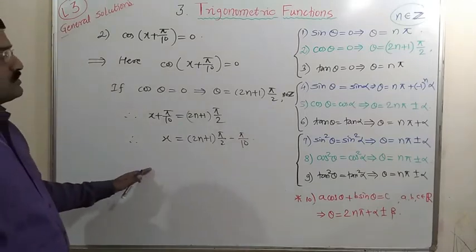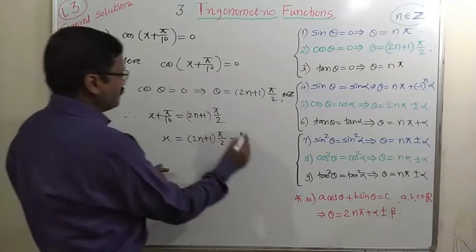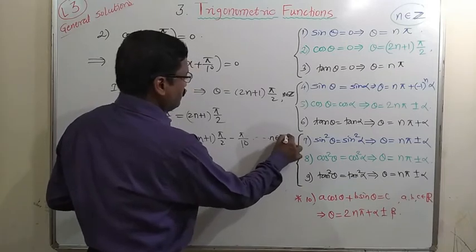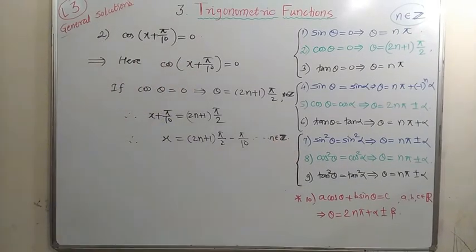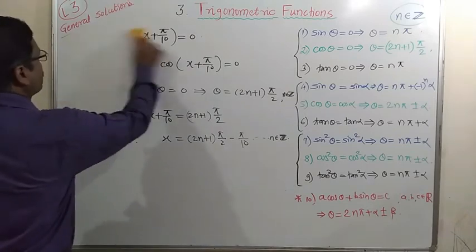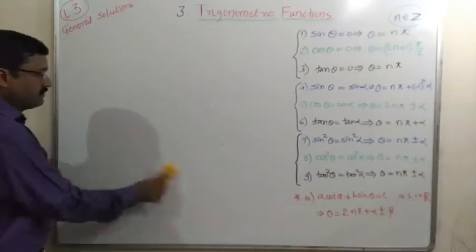So this will be the general solution of this trigonometric function, where n belongs to the set of integers. That is also important to write. Okay, so this is the second one. Let us move towards the third. These examples are very simple.